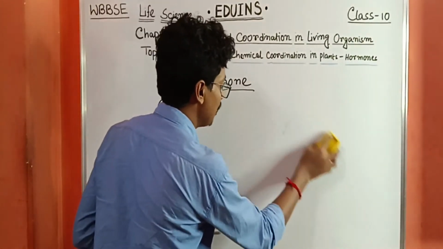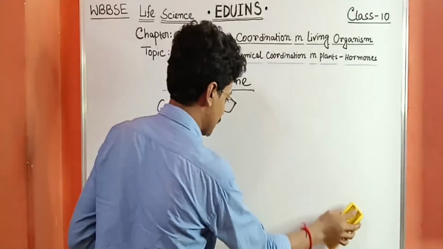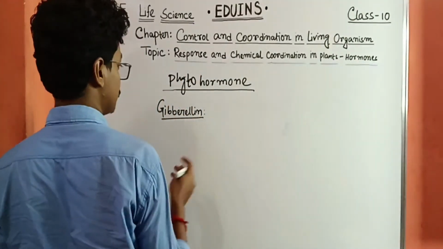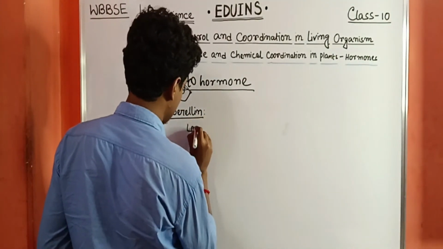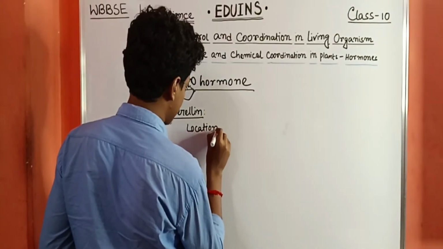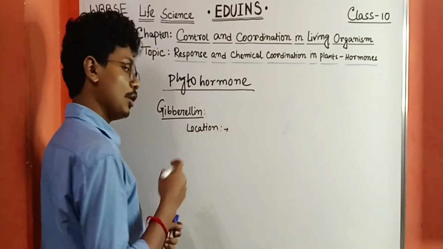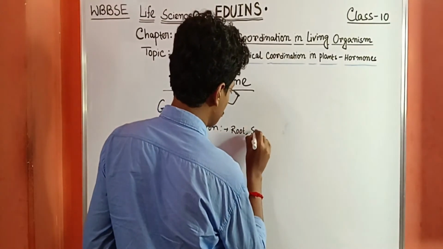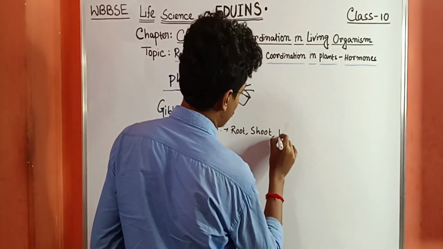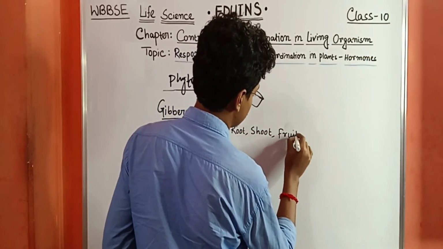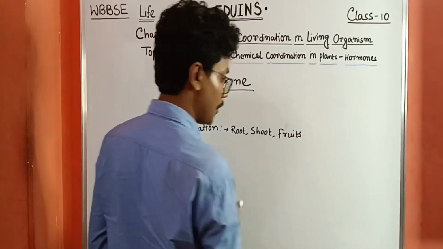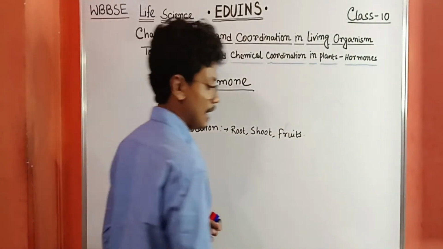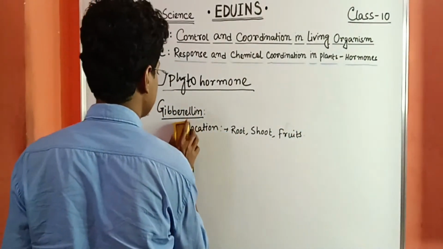What is the location of the gibberellin? Gibberellin is located in the root, shoot, fruits. And what are their main functions?